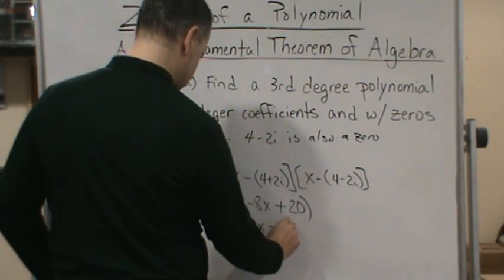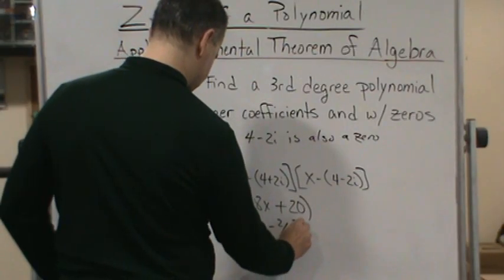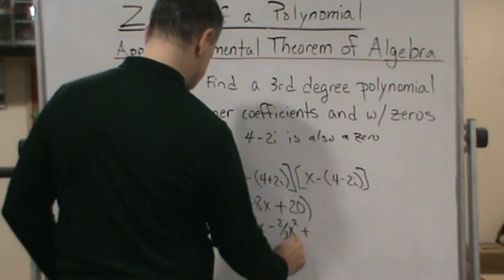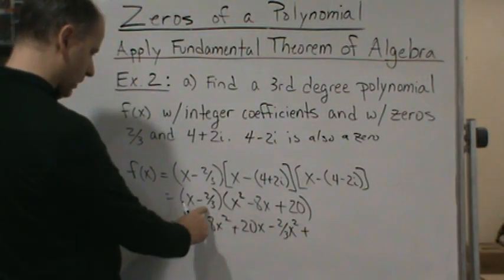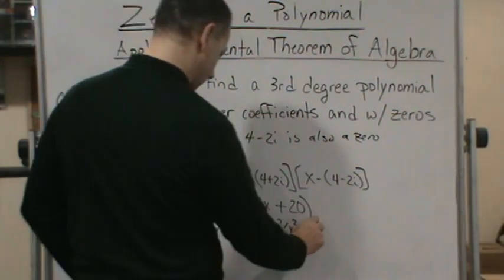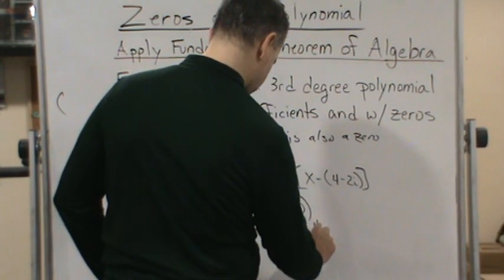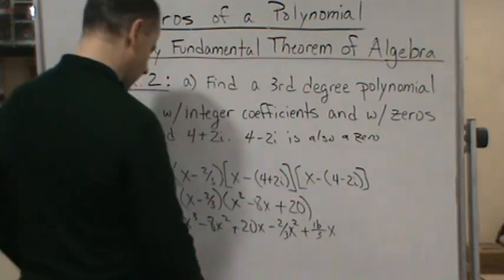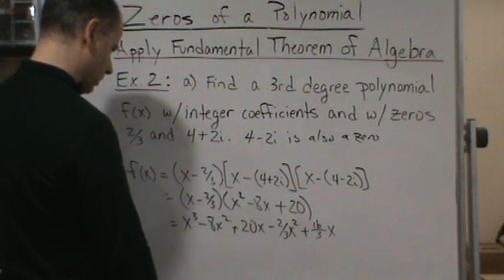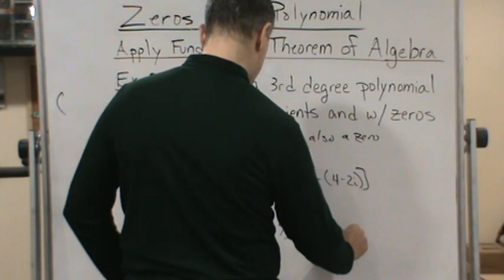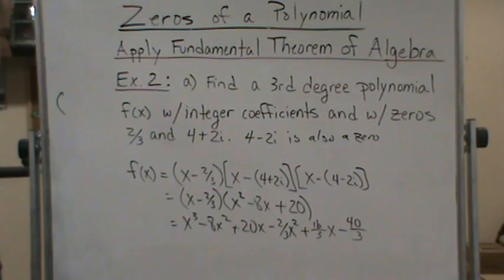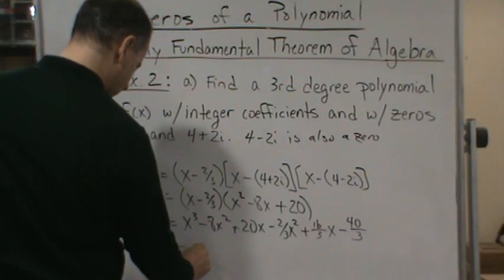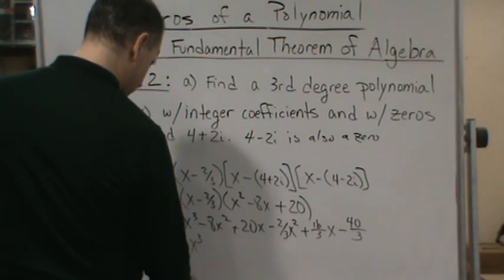So it's going to be minus 2/3 x squared plus 16/3 x minus 40 thirds.